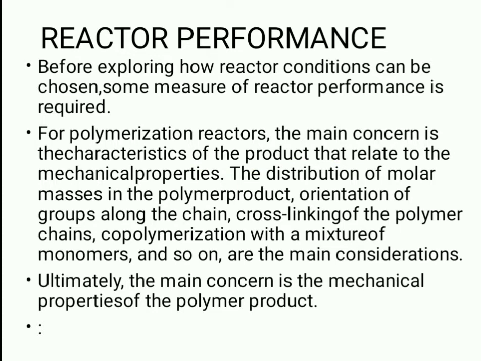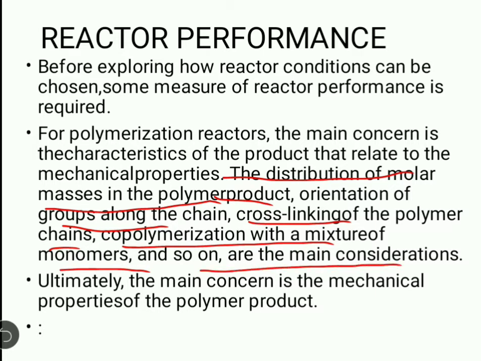In polymerization, the product is determined by various parameters: the distribution of molar masses of the polymer product, the orientation of groups along the chain, cross-linking of the polymer chains, copolymerization with a mixture of monomers, and so on. So this is the main consideration while selecting for a polymerization reaction. In this type of reaction, the main concern is the mechanical properties of the product.